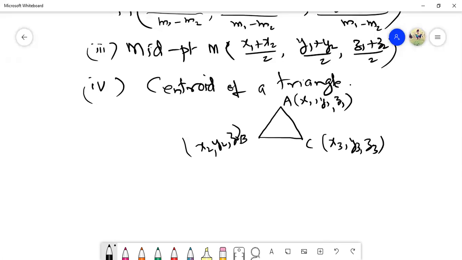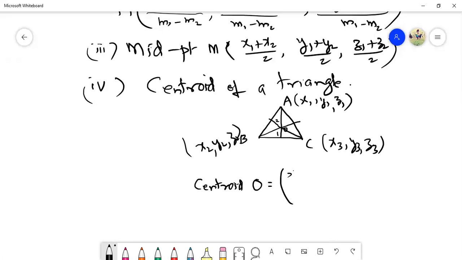Then the centroid, you can denote by O here. The centroid is the point where the medians meet. This is the median. This is also the median. The median divides 2:1. So this is point O. The third median will also come from this point.